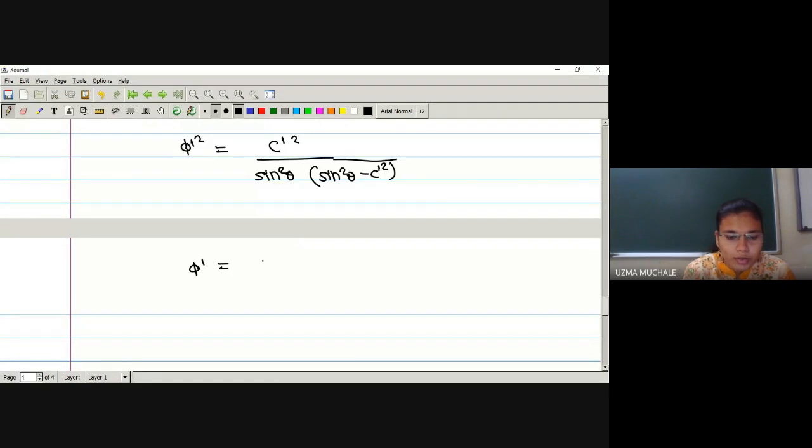After taking the square root, it will be phi dash equals c dash divided by sine theta, and this is nothing but under root of sine square theta minus c dash square, where c dash is nothing but c upon r.